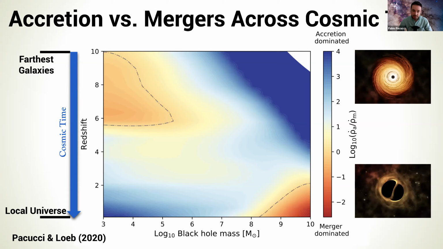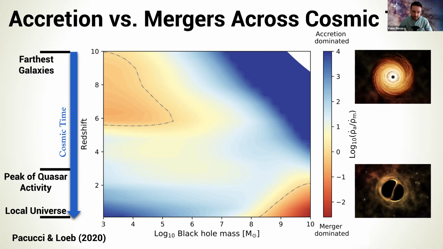These lines here indicate where the model predicts that the mass added via accretion is equal to the mass added via mergers. To start with, you can see that the peak of the quasar activity between redshift 2 and 3 is fairly well predicted by our model. We see that black holes are accreting, not much merging, independently of the black hole mass, around redshift between 2 and 3.